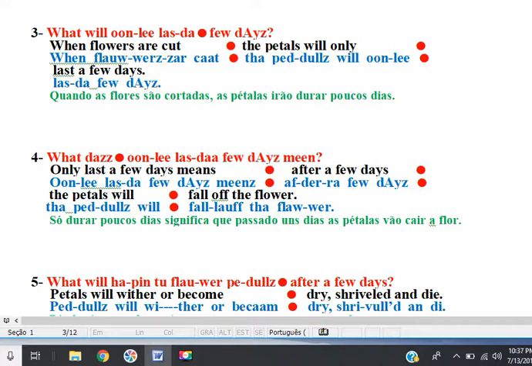Question. What will only last a few days? Well, when flowers are cut, the petals will only last a few days.